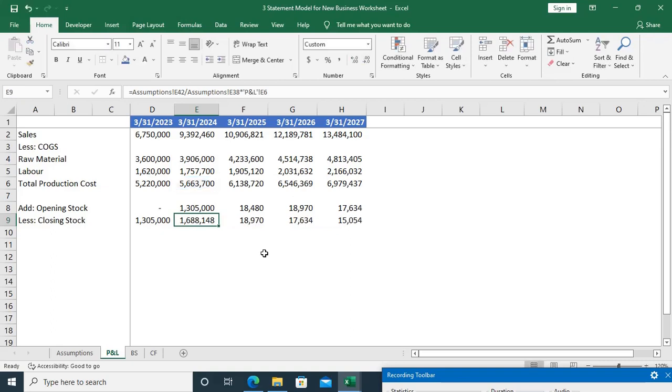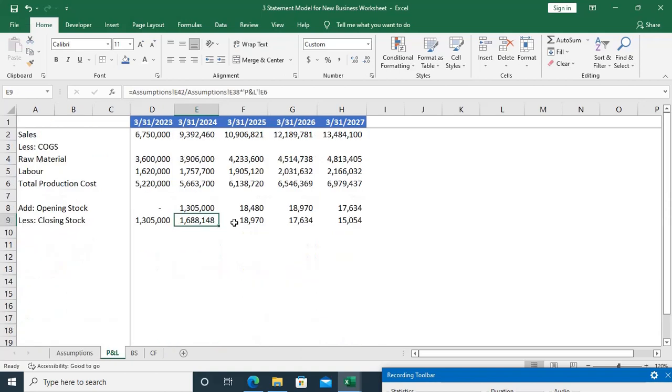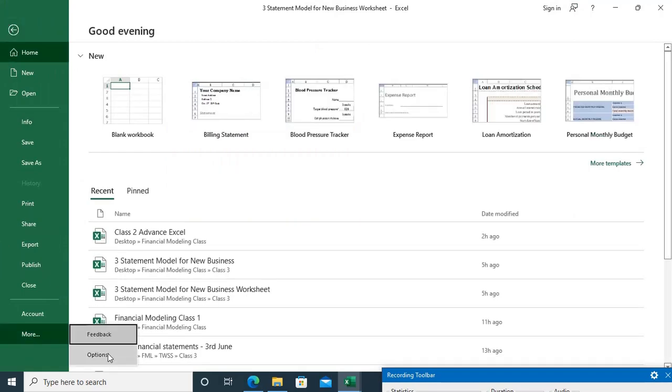We just did this thing. Check. We have multiplied this thing along with what? The closing stock divided by the opening stock. We have done just this thing. Closing stock divided by this total production, multiplied by this price to get the price of the closing stock. I don't think you are getting it.